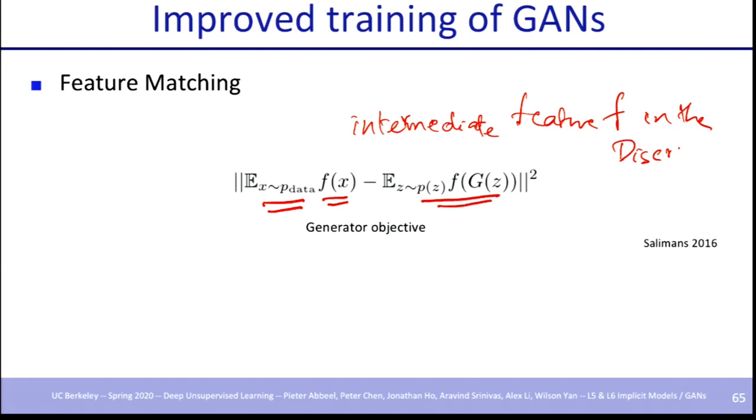And you do the same thing for your generated samples. You sample a bunch of z's, you get your generated outputs, and then you pass the generated outputs to your intermediate layer of the discriminator. And you force the features of your generated samples to match the features of your real data.